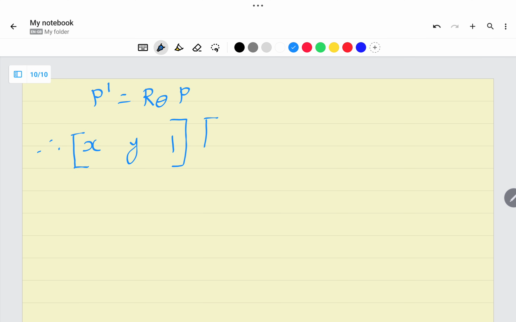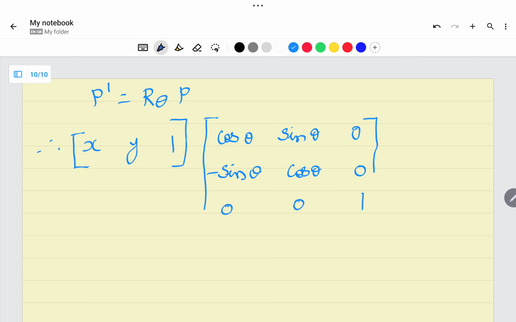Multiply this with the R theta matrix: cos theta, sin theta, 0, minus sin theta, cos theta, 0, 0 0 1. This is the homogeneous form for R theta.